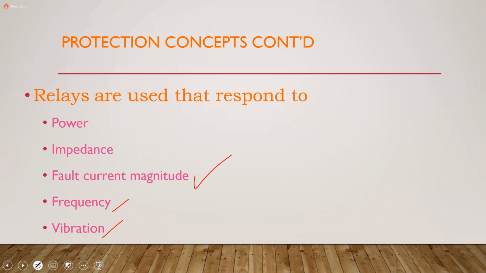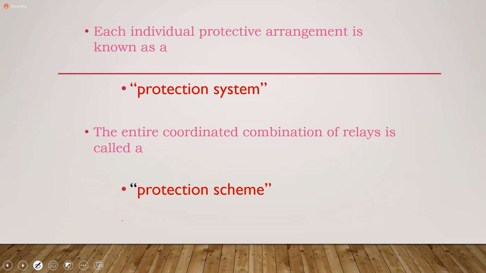So we have some further definitions that we have to understand. The individual protection arrangement: when I protect the transformer, that's known as a protection system. When I put everything together and coordinate everything, that's referred to as a protection scheme.